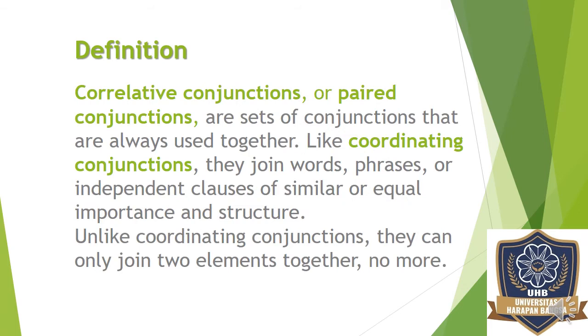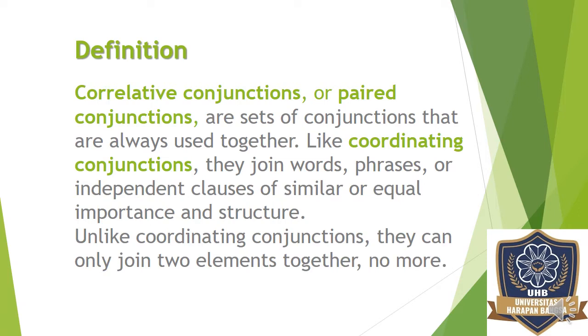Definition: correlative conjunctions, or paired conjunctions, are sets of conjunctions that are always used together. Like coordinating conjunctions, they join words, phrases, or independent clauses of similar or equal importance and structure.